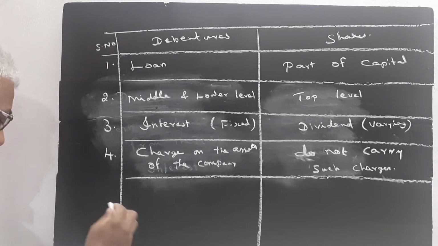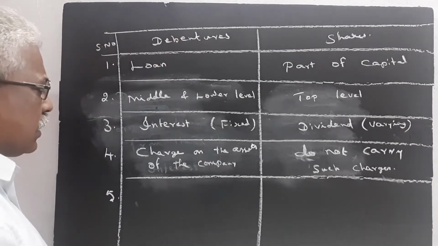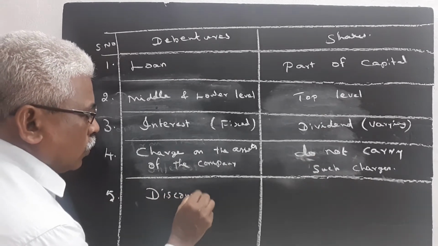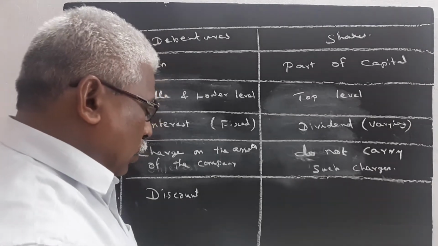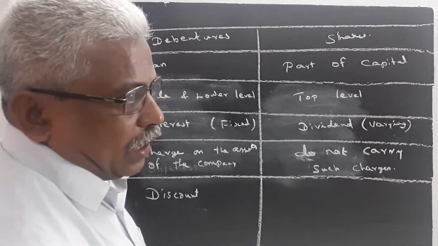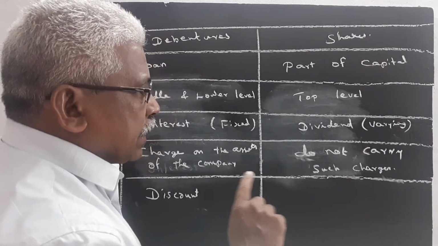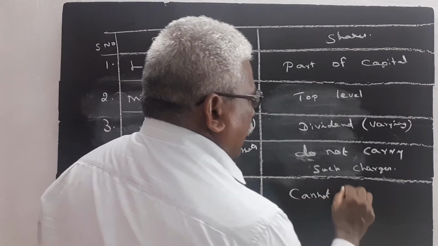Then point number 5, the debentures can be issued at a discount also. But according to the Companies Act 2013, the shares cannot be issued at a discount.